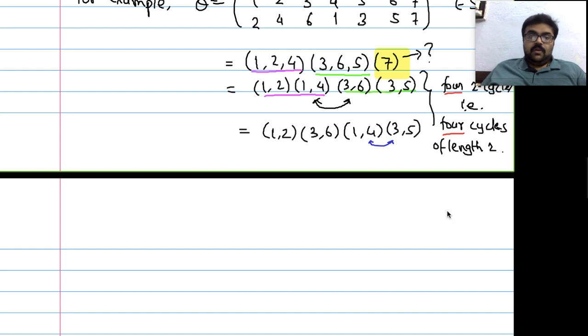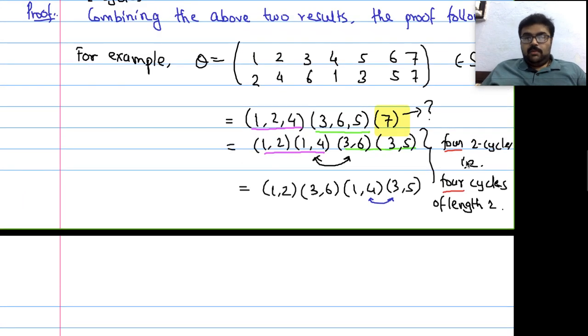Okay. So this is not unique, but finally every permutation can be written as a product of disjoint cycles. Every cycle can be written as a product of 2-cycles, that is, transpositions. So ultimately every permutation can be written as a product of transpositions.